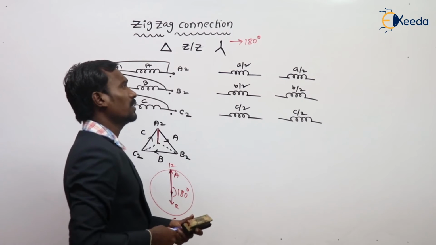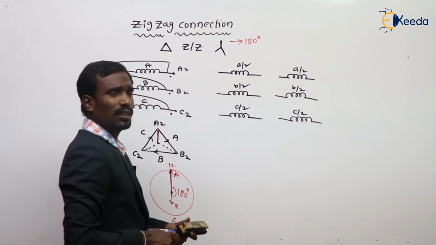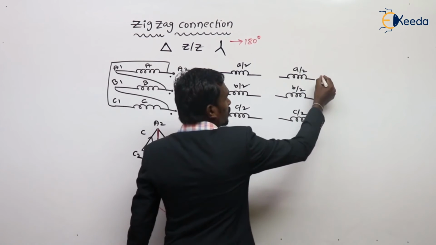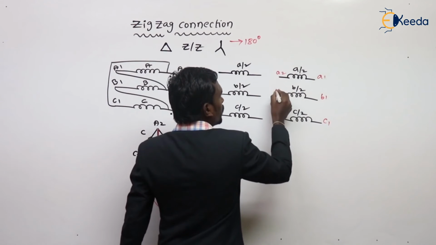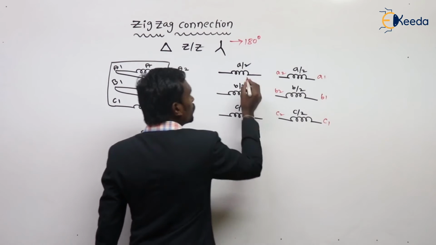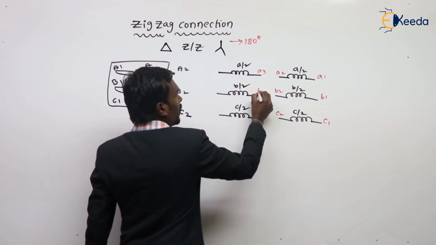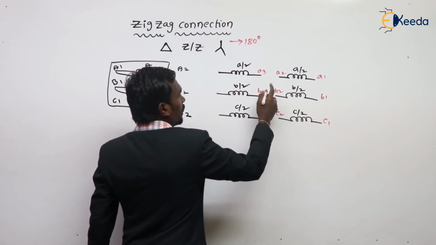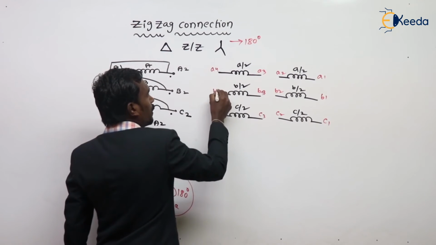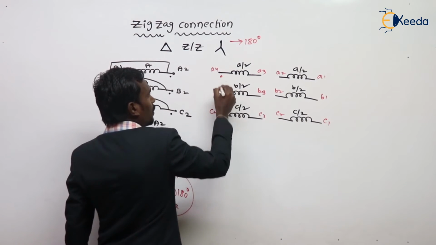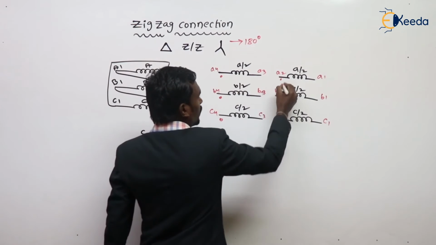These are the different windings. And next we know this is A1, B1, C1, A2, B2, C2, A3, B3, C3, A4, B4, C4, and always the dot notation at these terminals.